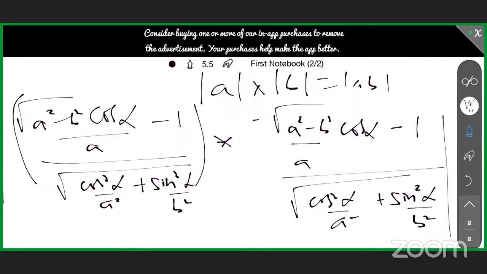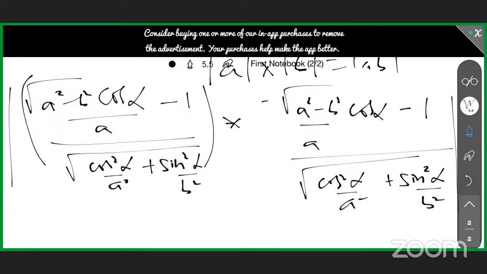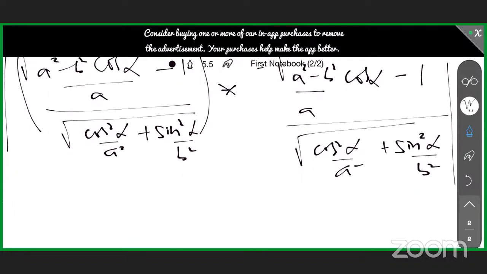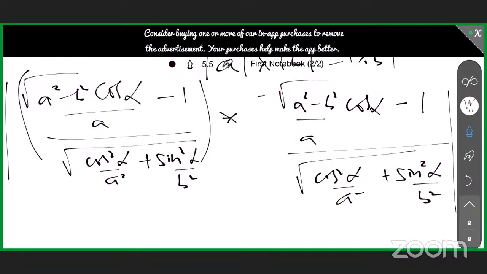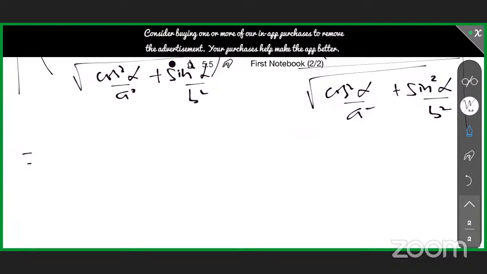Now if you look carefully, now I have to do multiplication. First I will do multiplication of the denominator, then the numerator. So the denominator will become root 2 into root 2, which is root 2 whole square, and becomes 2.